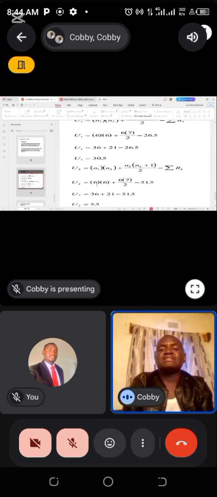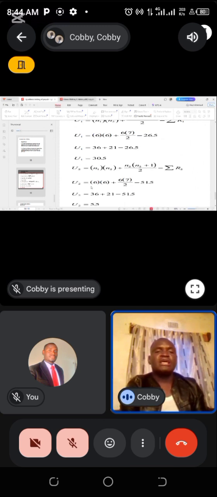It will be 6 times 6 plus 6 times 7 over 2 minus 51.5. So when we do that, we are going to find U2 is going to be 5.5. Now we compare the two values, U2 and U1. U2 is equal to 5.5 and U1 is equal to 30.5.